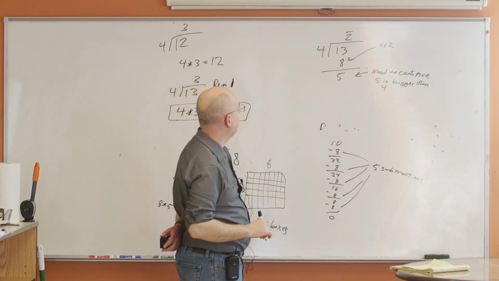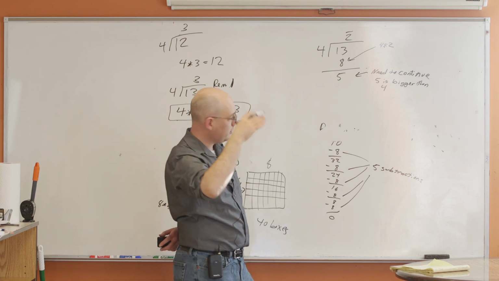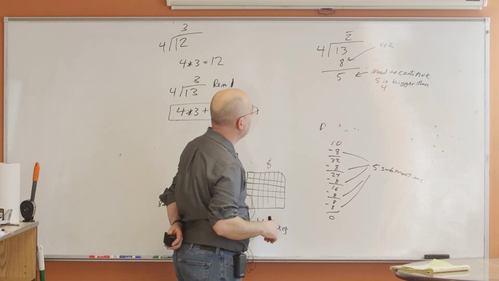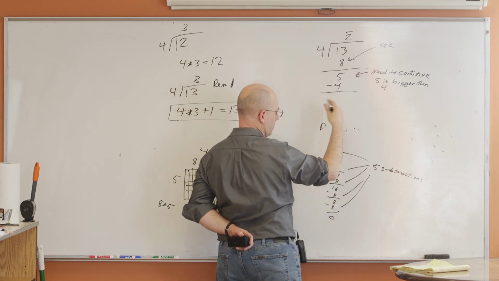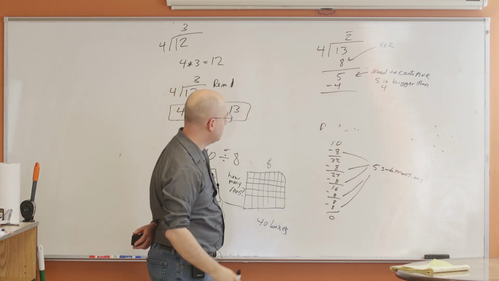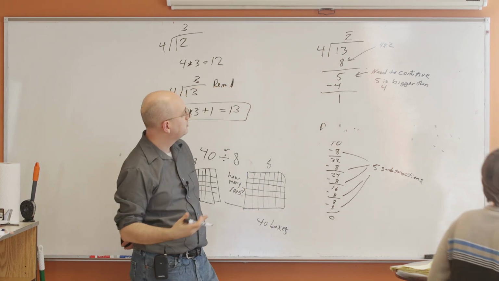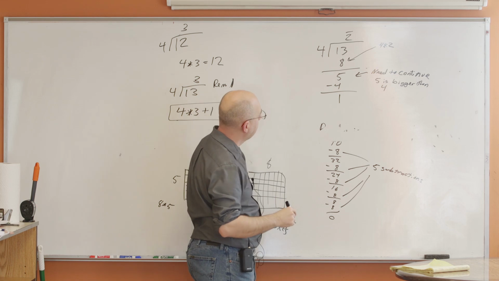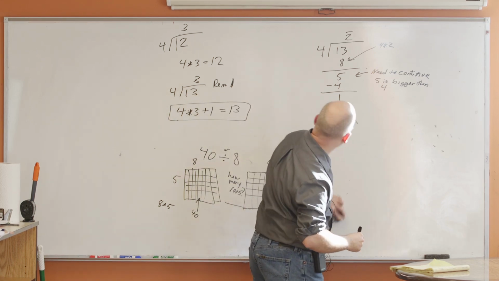Notationally, if I get in that state, I can put a dash on top. I put it below, except the way we write it, we've got the thing there, so I put it on top. And that means I do another subtraction of 4. Remember, division is repeated subtraction. I have 1 left over, and that's the result.